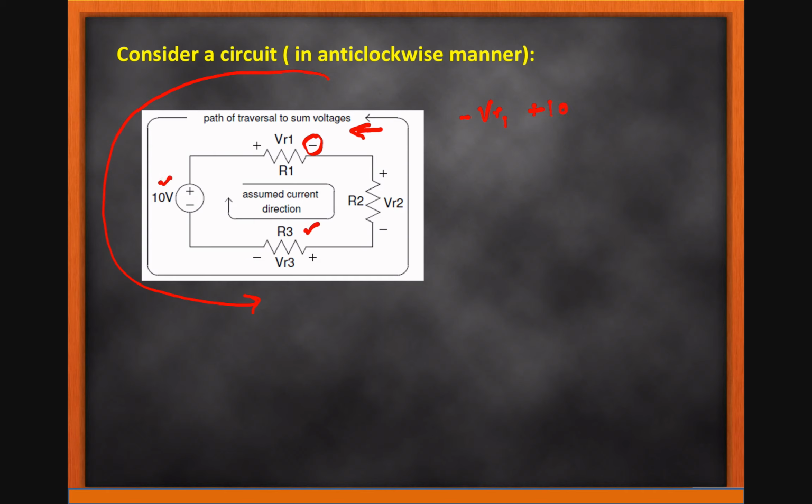For R3, the potential difference is minus VR3, and for R2 it is minus VR2, equal to 0. So we can write once again, VR1 multiplied by the minus sign, plus VR2 plus VR3 minus 10 is equal to 0. Again the same equation. So it doesn't matter whether you proceed in an anti-clockwise manner or clockwise manner, the answer remains the same.